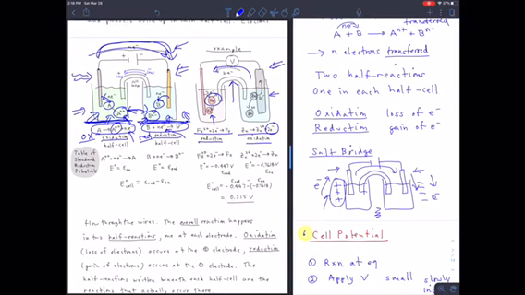In the salt bridge, there's a bunch of neutral ions, let's say sodium plus and maybe sulfate minus. The sodium ions can travel this way and cancel the negative charge buildup over here. The sulfate ions, the negative ions, can travel this way and cancel all the positive buildup over here.